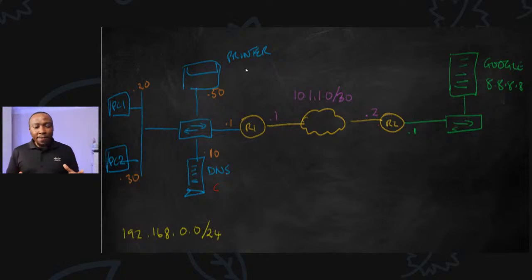I would rather have someone coming into an interview with a diagram that looks like this and explain to me what they did, what they configured, what protocol they used, and how they managed to get this to work. Why? Because this is what you're going to encounter in a real life environment, but at a bigger scale.